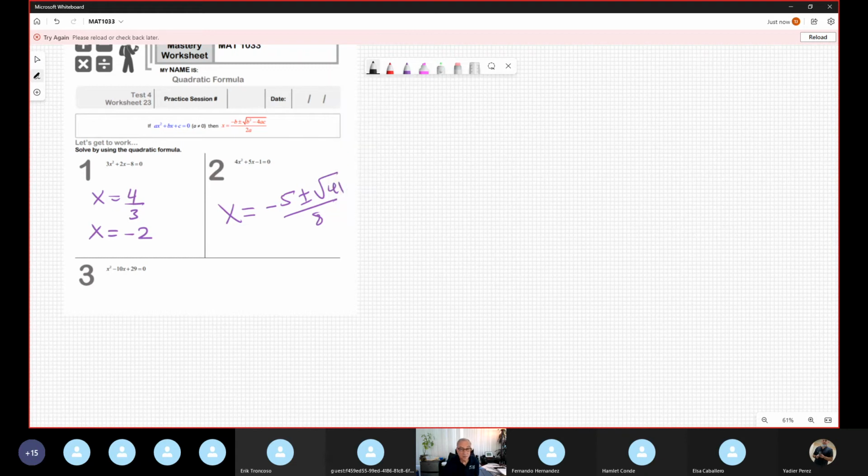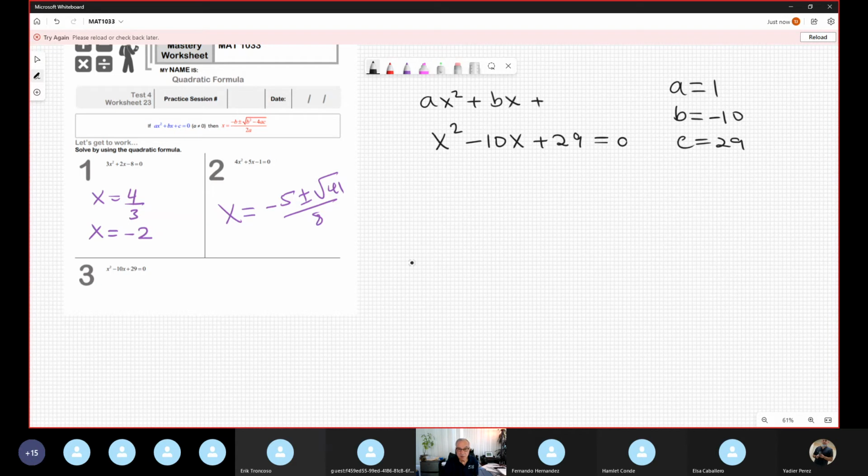Okay, so now x squared minus 10x plus 29. Wow, that's weird. Equal to 0. A is 1. B is minus 10. Be careful with the sign. And C is 29. Remember, the standard form is ax squared plus bx plus c equals 0.